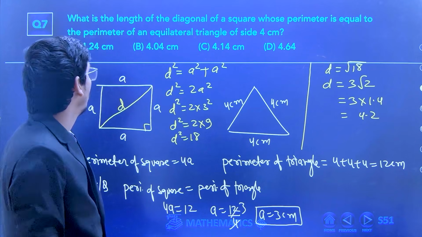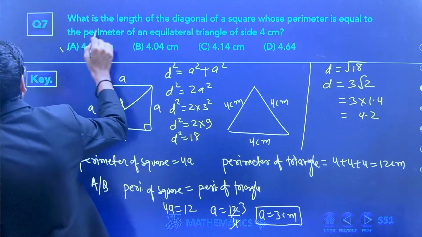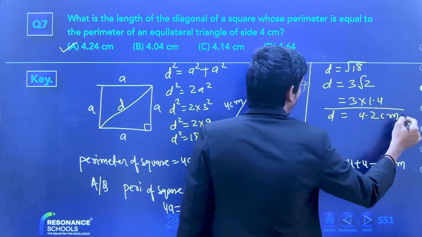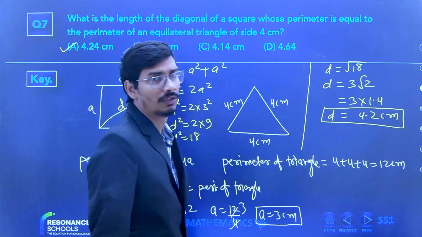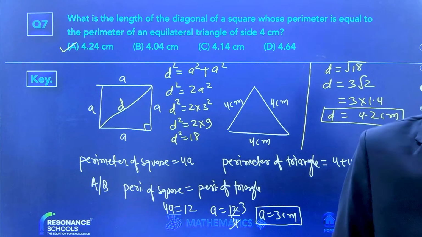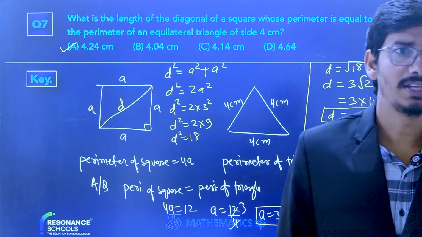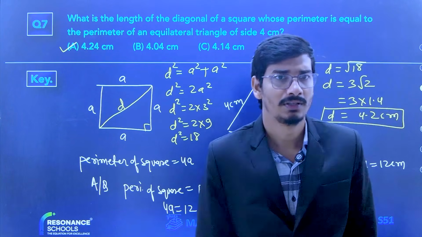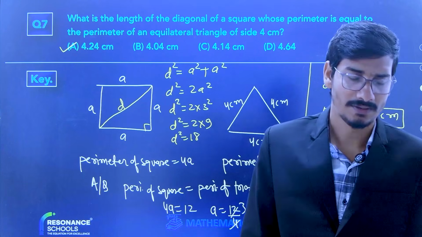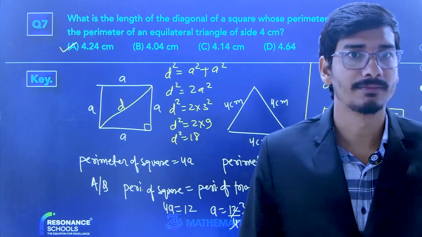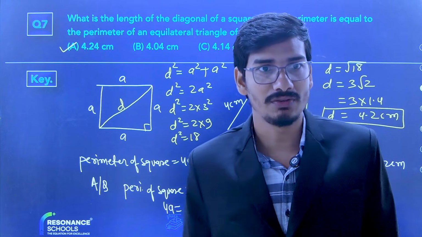So which option is close to 4.2? It's option A. So the length of the diagonal is 4.24. Yes, option A is the correct one. I think this question is clear to everyone.